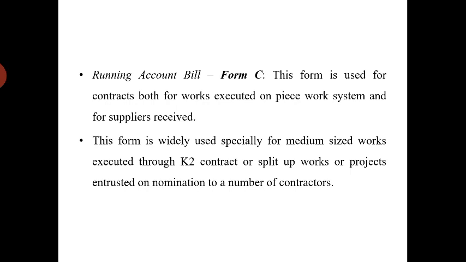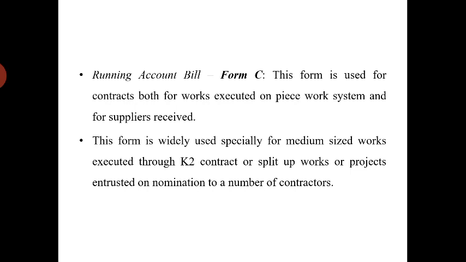In both cases they can do it. If the contractor is himself the supplier as well as the executing person, then form C bills can be paid to the same person, and there will not be separate execution and supplier systems.